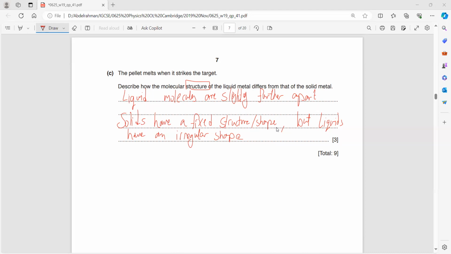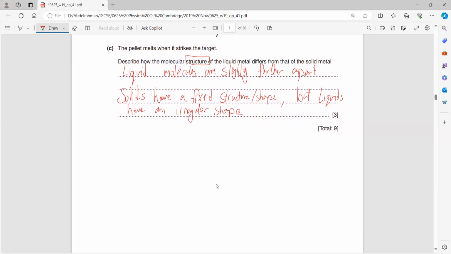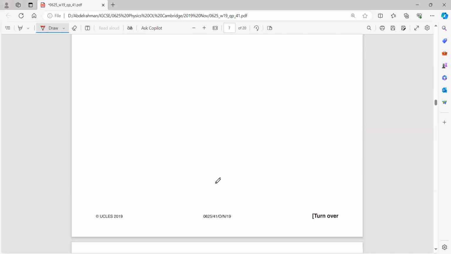You can't answer about the motion, or the volume. I have to answer about the structure of the molecules. Then you can take the 3 marks on this question.